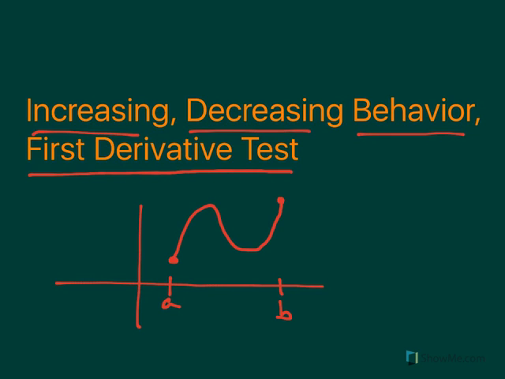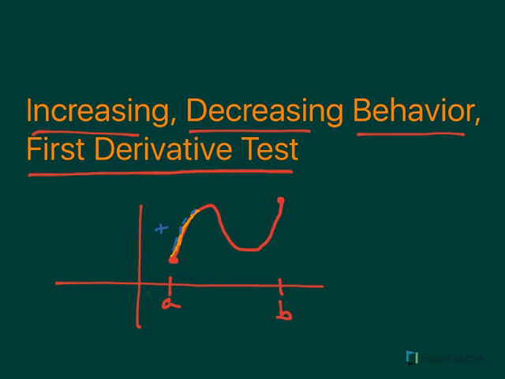So if we look at just some portions of this curve, notice this part of the curve, it's obviously going up. So if you think about what the slope values are on that section of the curve, the slope values would be positive slopes. So all your tangent lines would have some sort of positive slope.